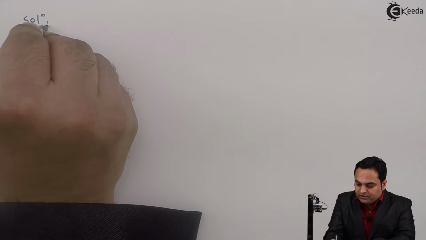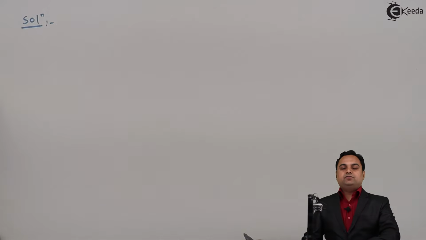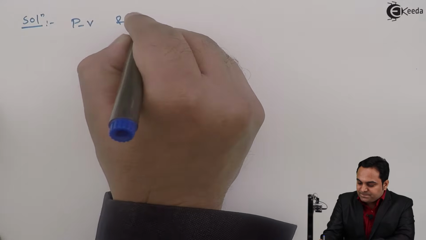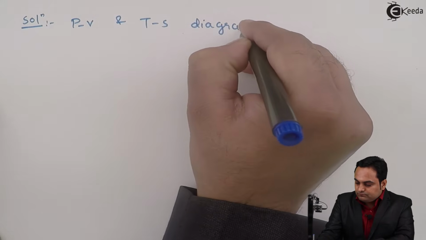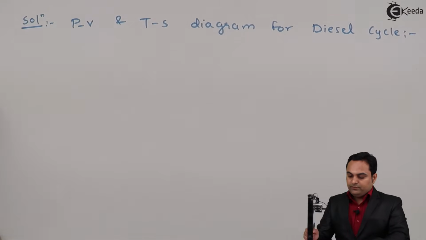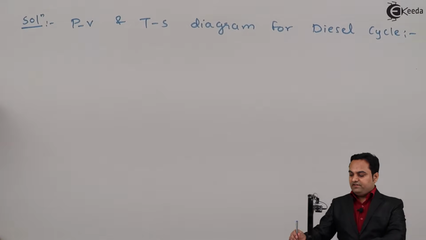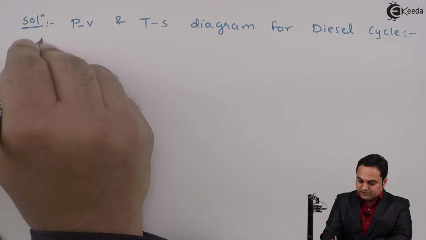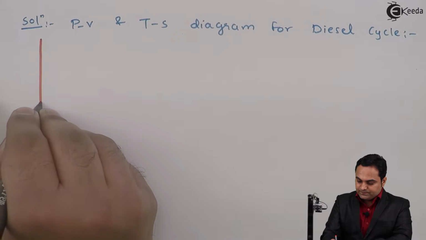Now in the solution part, first thing I will do is draw the PV and TS diagram for diesel cycle. So here I am drawing the PV and TS diagram of a diesel cycle. In that, first we'll start with PV and then TS.